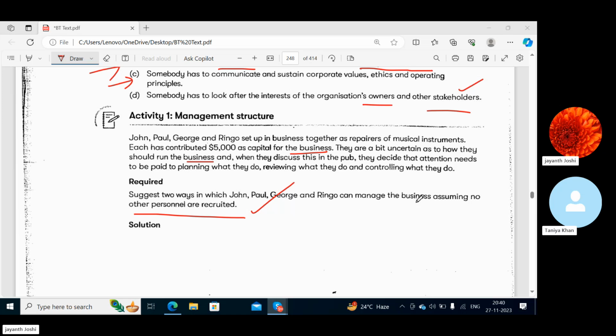No, like whether others should be recruited or not, that is what they're asking. You have to read this properly and then try to answer. What is your take on this? Just a second.